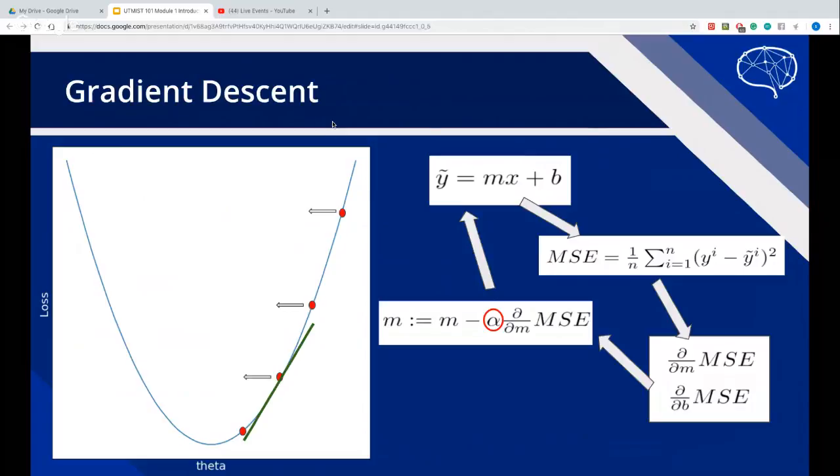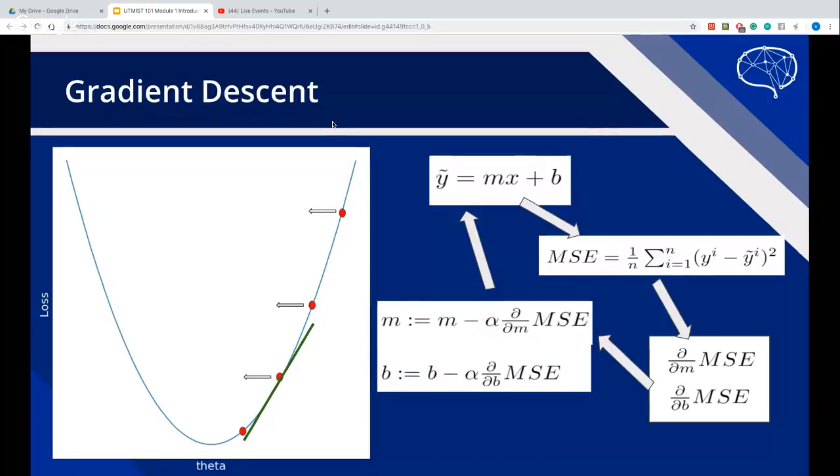This is why it's called gradient descent. Then we update b as well, in the same way we do for m. This is how gradient descent works. Because you can always add another partial derivative to it, this algorithm can generalize to whatever dimension you want.